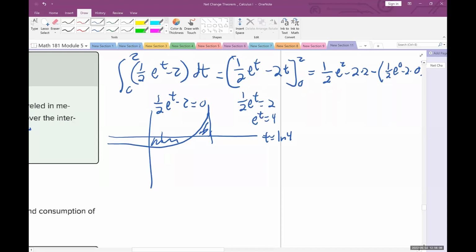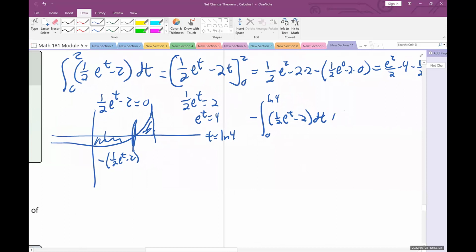Okay, so in doing the total displacement, for this first part we'll have to consider the negative of 1/2 e to the t minus 2. So it'll be the integral from 0 to the natural log of 4 of the negative of 1/2 e to the t minus 2 dt, plus the integral from natural log of 4 to 2 of 1/2 e to the t minus 2.